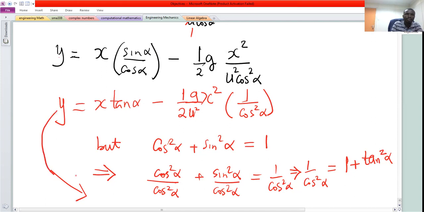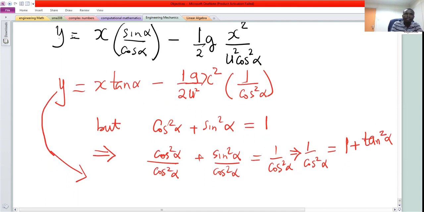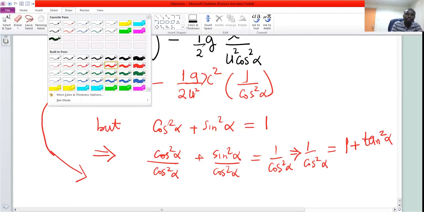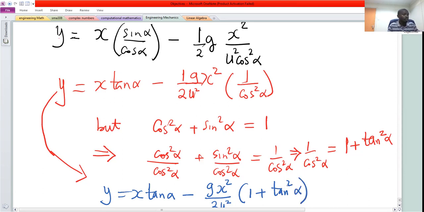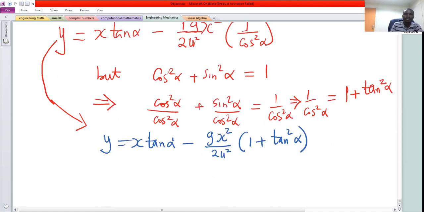So from this equation, we'll have y equals to x tan alpha minus gx squared over 2 u squared into 1 plus tan squared alpha. And that is what we were supposed to prove, that y is given by x tan alpha minus gx squared over 2 u squared into 1 plus tan squared alpha.